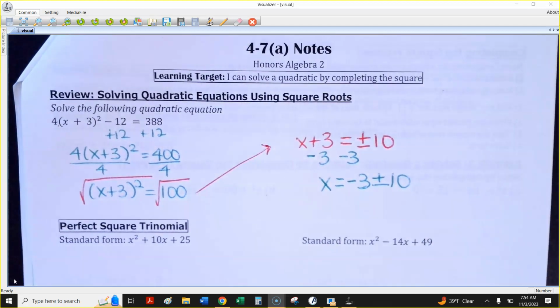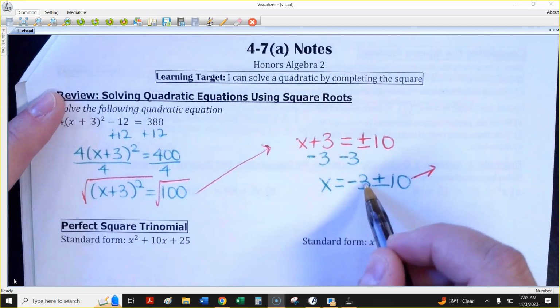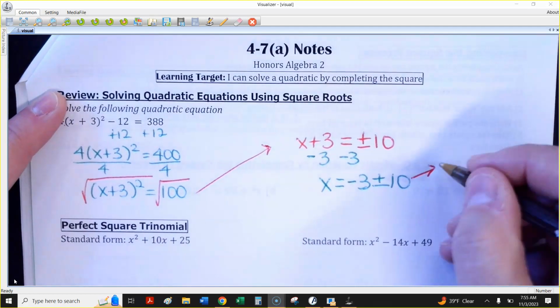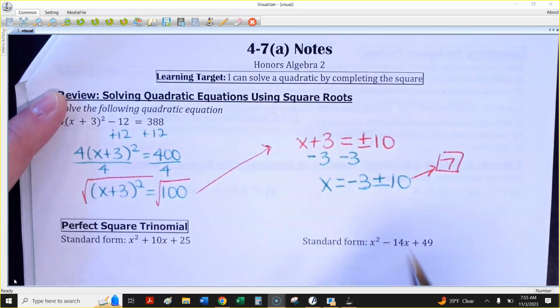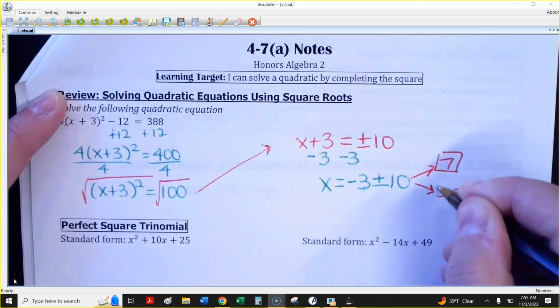Now, if that's a plain number, like this is plus and minus 10, you can actually add or subtract those numbers, so go ahead and do that. If it has a radical attached to it or an i attached to it, then we're done, but if it's not, we can actually add. So I'm just going to kind of go across the top. So negative 3 plus 10 would be 7, and negative 3 minus 10 would be negative 13. So those are my 2 answers.